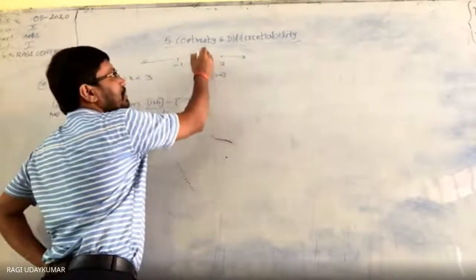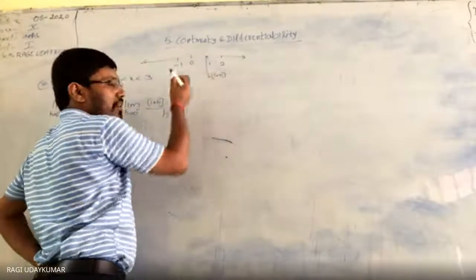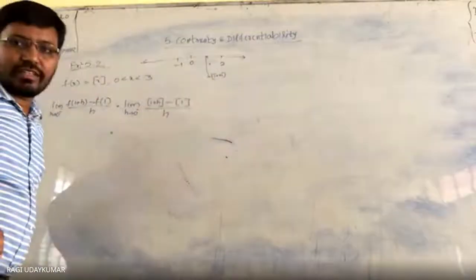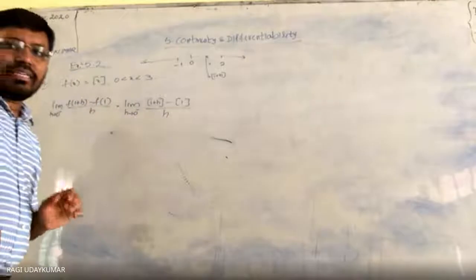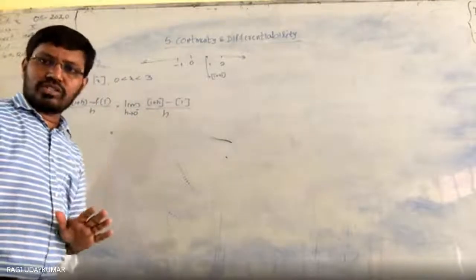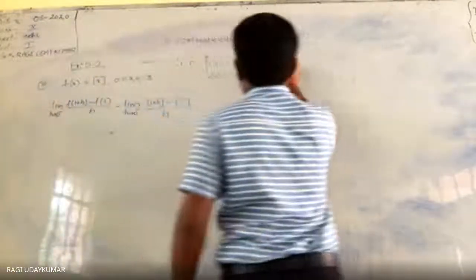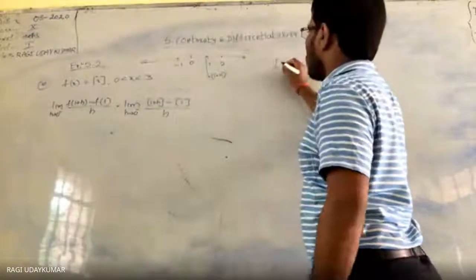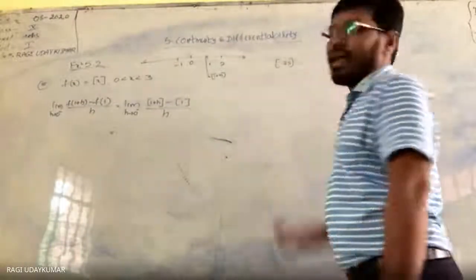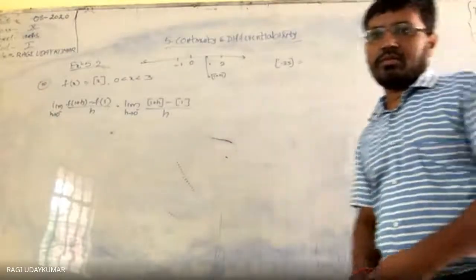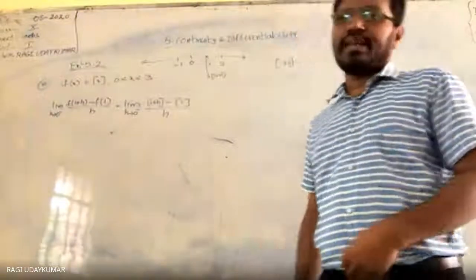If a number is between these, what is the meaning of the greatest integer function? Everyone knows that one. Suppose in the brackets minus 2.5 is given to you. Can you say what is its value? Is it audible to you?